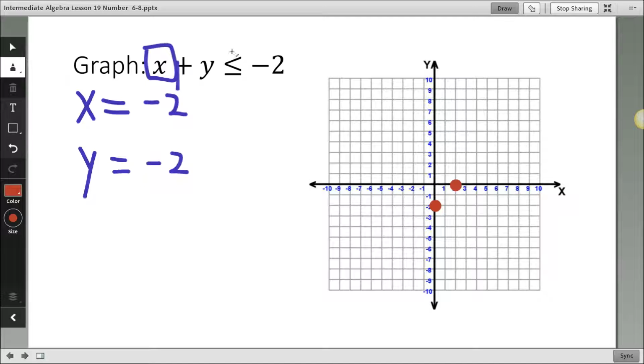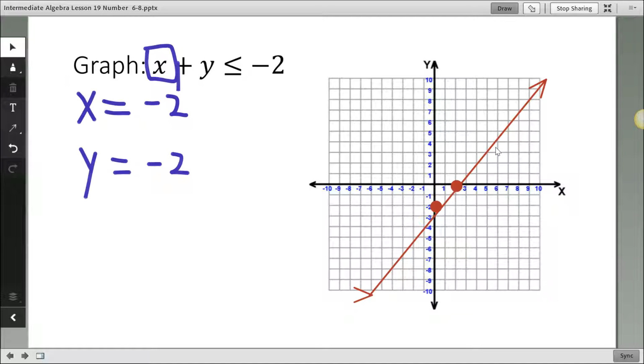Now, all I've got to do is draw this line, making sure I have the correct line type. Well, this is a solid line. And so I can just draw that line straight through those points. And there you go. There's my line. I missed just a little bit, but you get the idea. It should go through that point as well. Let me take that off and let me try to redo it.